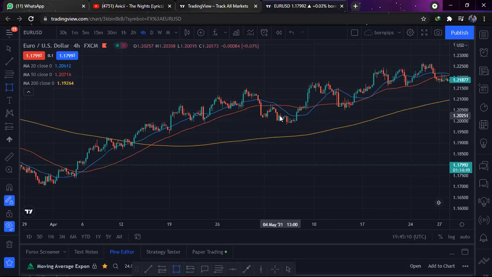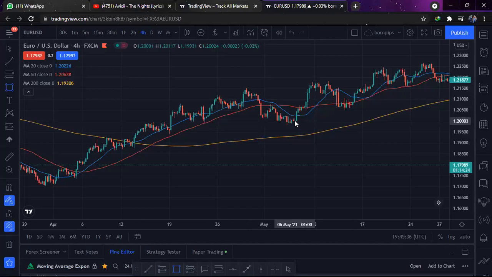The rule we have with this is we need to see the 20 period moving average above the 50, and then the 50 above the 200. That's where we enter a trade. Since this crossed here, we assumed the trend was about to end, so we wait and don't do anything.